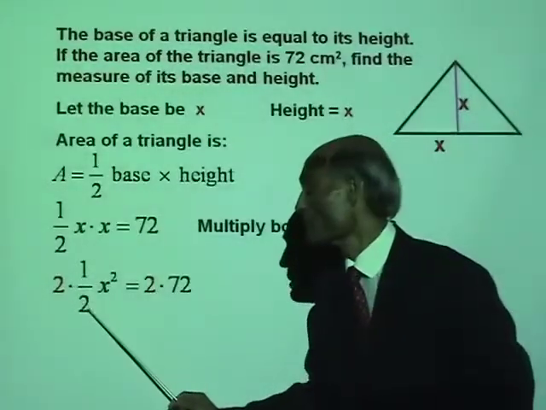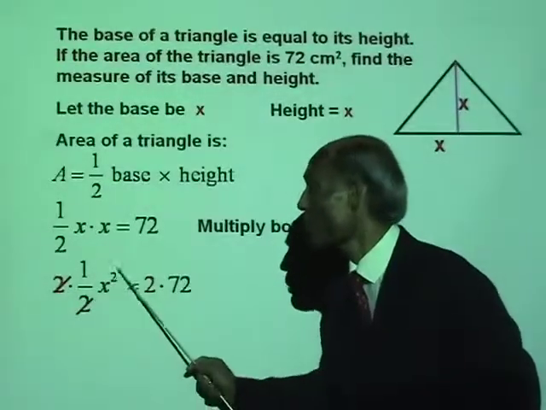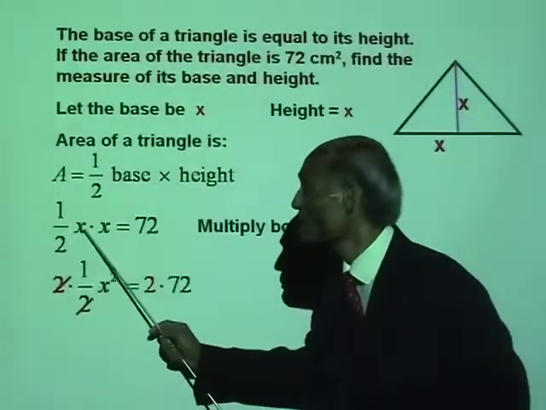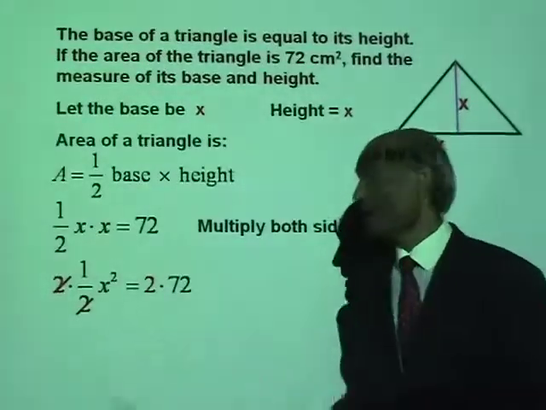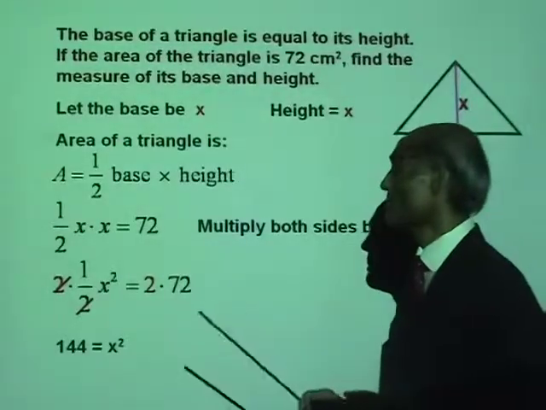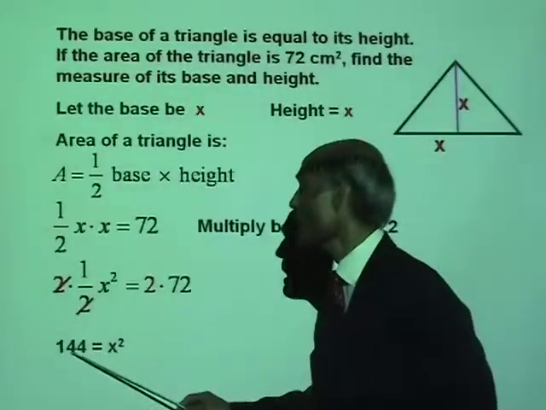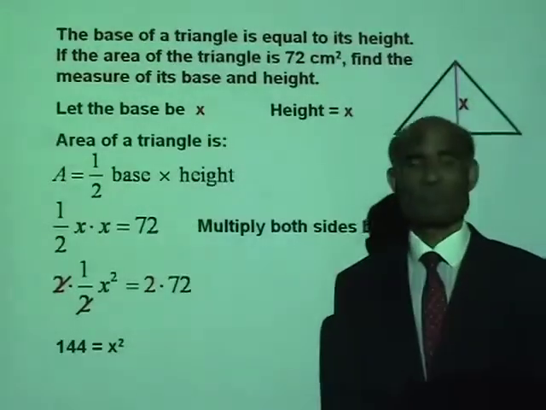And what happens? The 2 on the left will cancel. What is left on the left side is x multiplied by x equal to x squared. x squared equal to 2 times 72, or we get 144 equal to x squared.